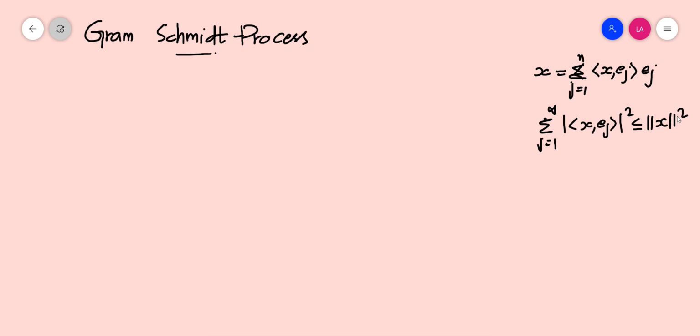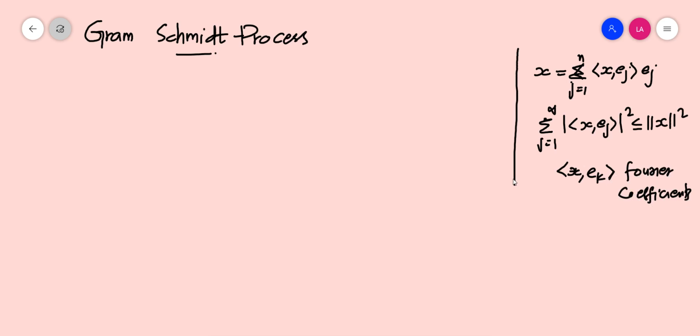Here the coefficients, the inner products x, ej, are generally called Fourier coefficients. If you are given an orthonormal set, these inner products x, ek are called Fourier coefficients. There are a lot of applications for this as well.